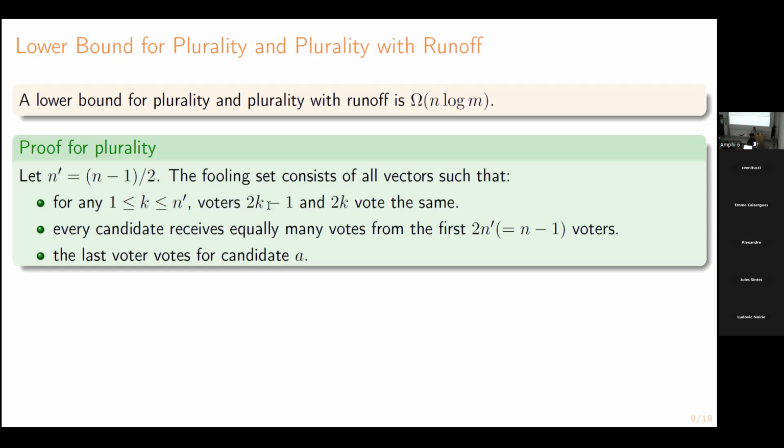Now we need to ensure that this is a fooling set. First, when you take every vector of votes, you see that candidate A wins every time, because every candidate has the same number of votes except for the last one.